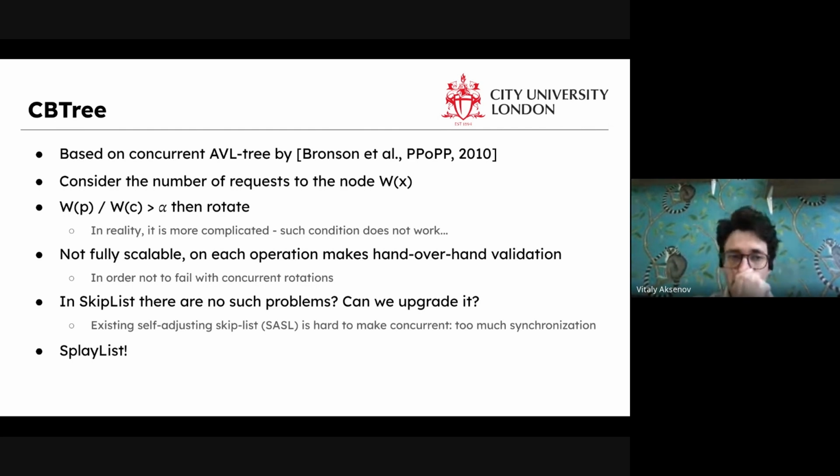And if it is not, we just rotate it. This is the high-level explanation of what's happening there. It's a little bit more elaborate, but we will stick to this one. But of course, there is a problem that when you do hand-over-hand validation to do this, you still have some problems with concurrency there.